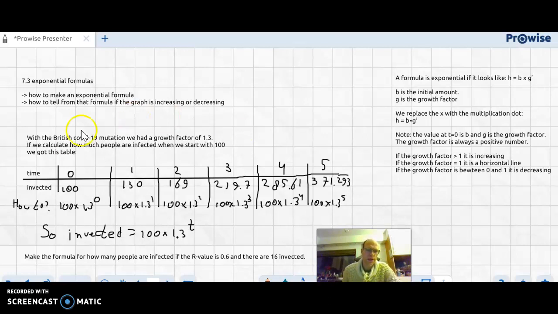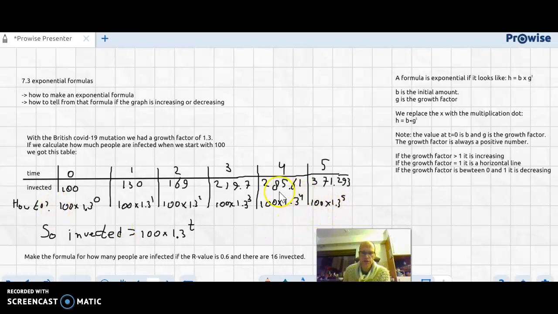At the beginning, we calculated with 100 people, so at time 0 we had 100, and then we needed to multiply by 1.3 to get to time 1, multiply by 1.3 again, and so on and so on. Under it, you can see how to calculate it if you put it into a calculator without typing times 1.3 all the time.